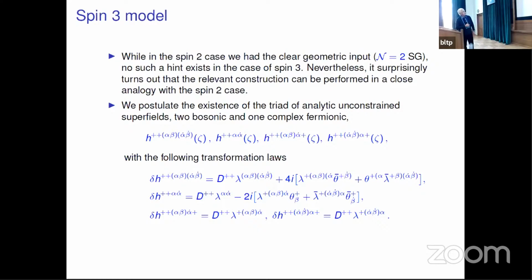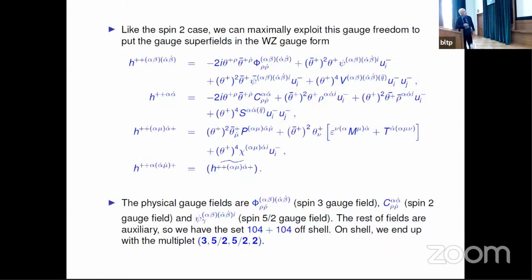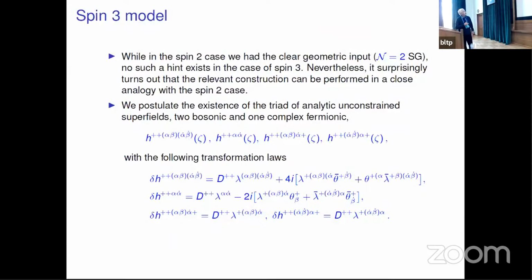For the spin 3 model, we have no nice geometric description for this case, as compared to the N=2 case. In the N=2 case, we have supergravity, a well-defined geometric theory, and we go to the spin 2 free model by linearization of the corresponding action. Here we have no such hints as in the spin 2 case, but it turns out that you can define all the basic objects, namely analytic ones, in the same way as for spin 2.